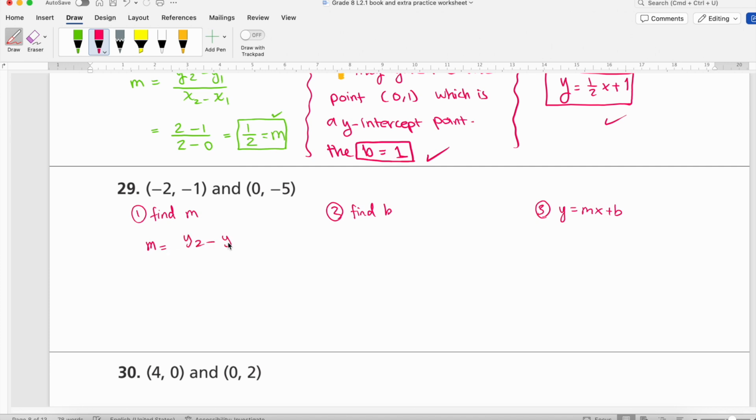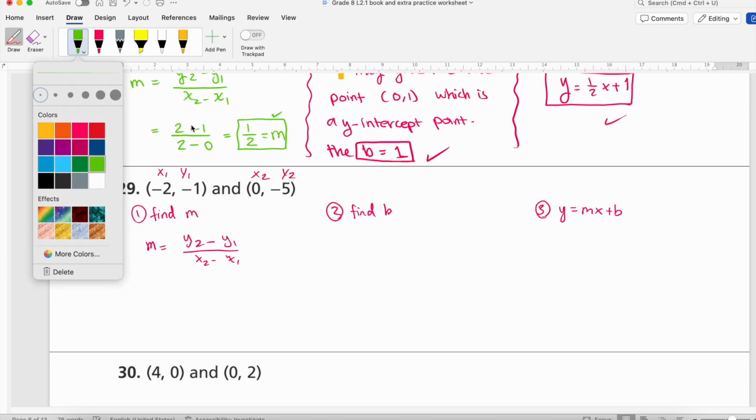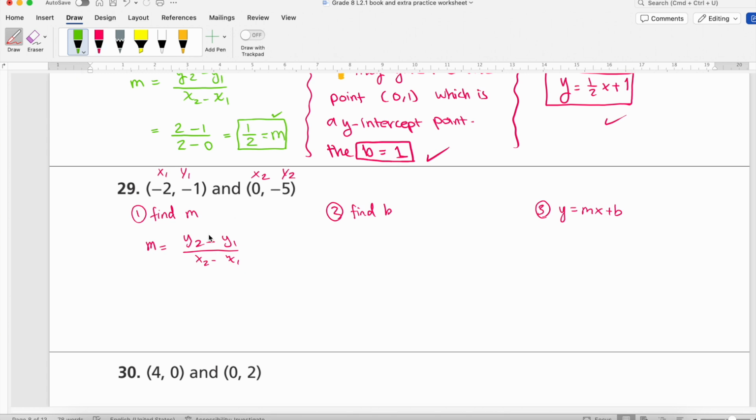y2 minus y1 over x2 minus x1. This is x1, y1 first point, x2, y2 second point. Just replace the numbers with their values. What is y2? It's negative 5, so negative 5, minus. What is y1? It's negative 1, just write it down, over. What is x2?